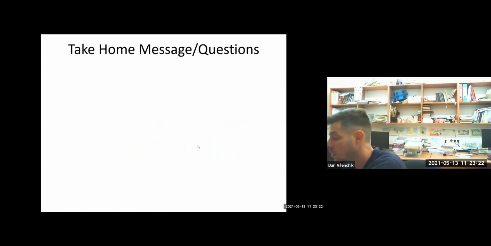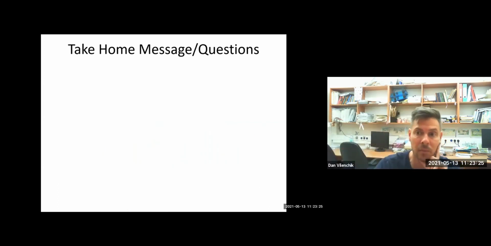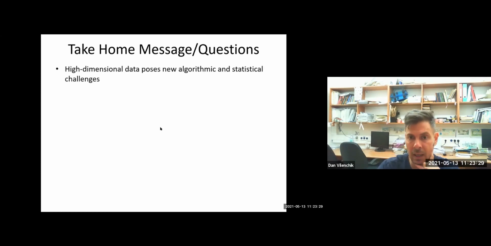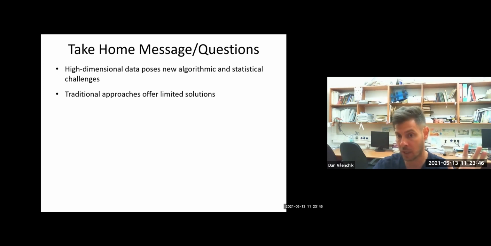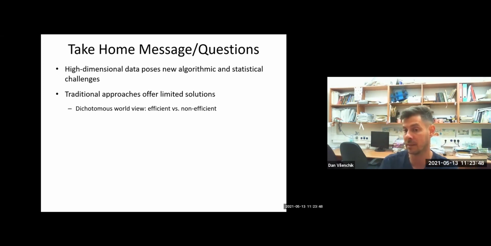Okay, so now concluding remarks, and I think some nice open problems related to this sparse PCA thing. So what we saw here is that high dimensional data poses very interesting algorithmic versus statistical challenges. And traditional computer science approaches that split the world into efficient algorithms versus non-efficient algorithms, sometimes this dichotomy is too crude.